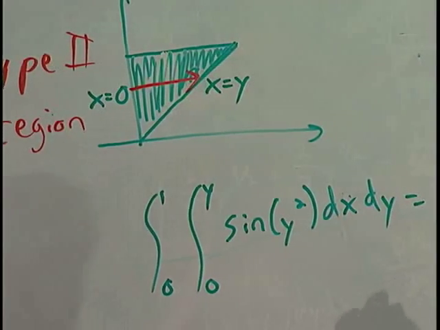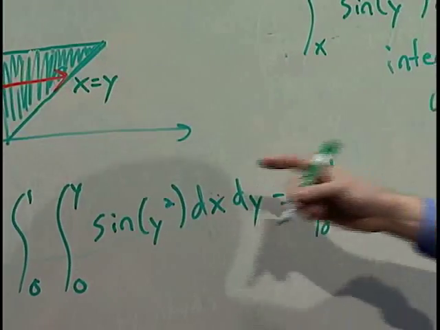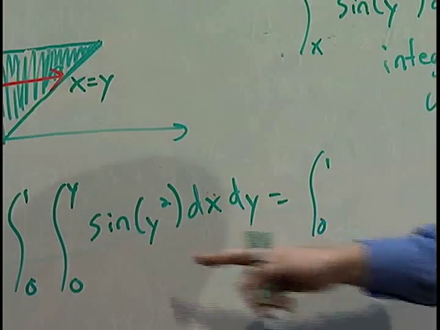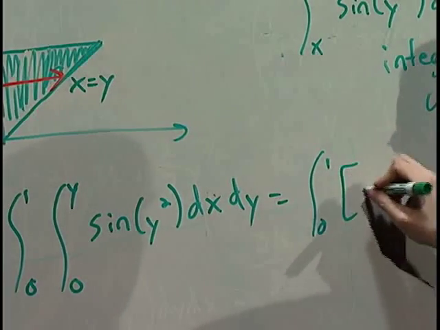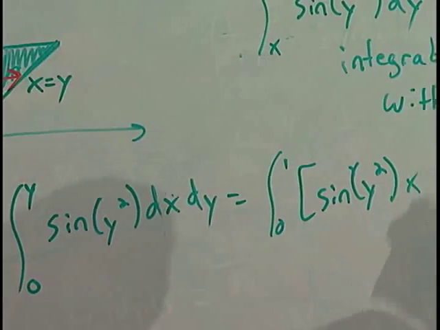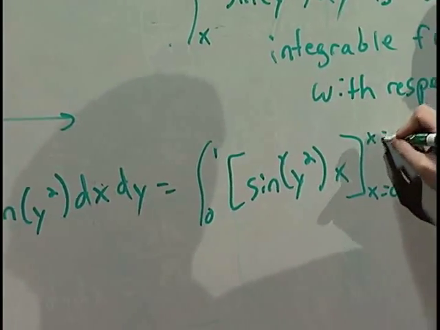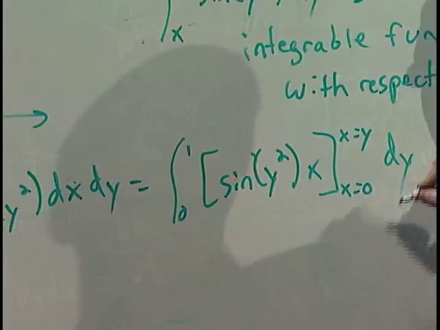And now this is a lot easier, because look at what happens. The y limits stay the same. This is a constant in terms of x, so we just get sine y squared times x, as x ranges from 0 to y, with a dy there.